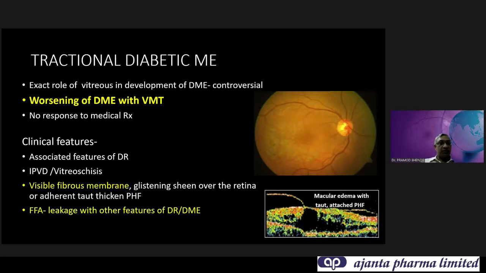Typically, they have associated features of diabetic retinopathy, usually an incomplete PVD associated with vitreoschisis. On the OCT picture you see a taut attached posterior hyaloid and some amount of vitreoschisis as well, and CME is also there. Sometimes we have a visible fibrous membrane, and FFA shows leak with other features of diabetic retinopathy or DME.